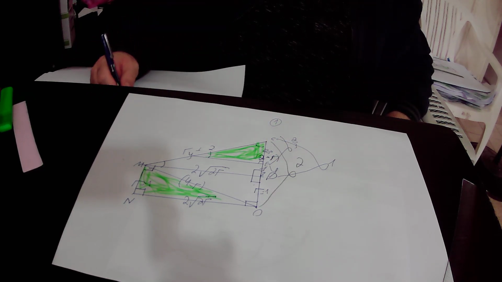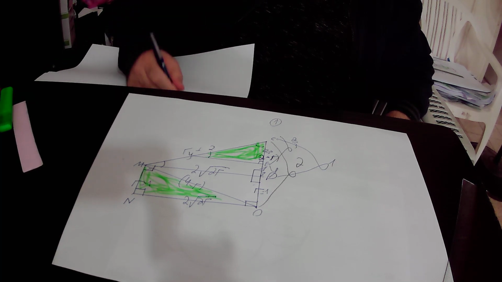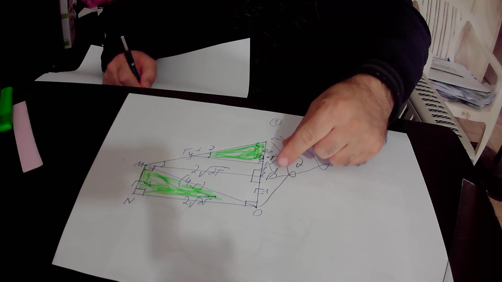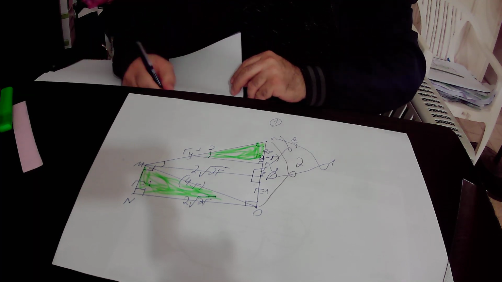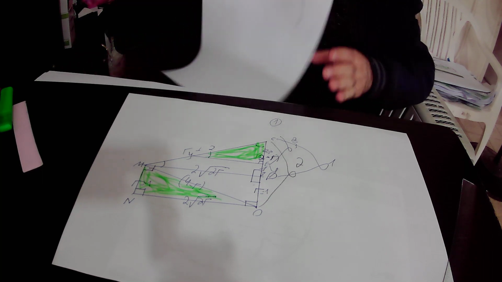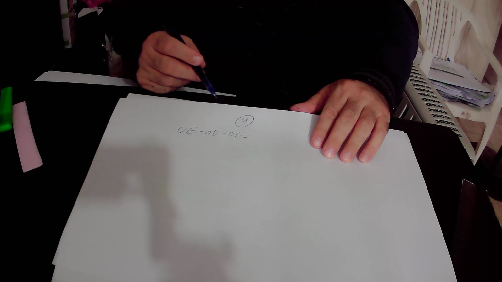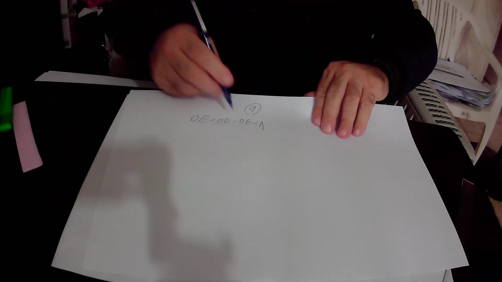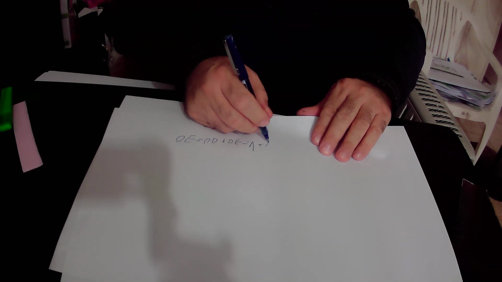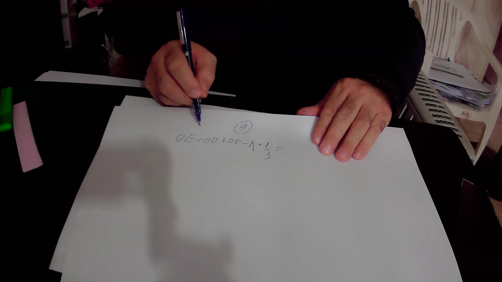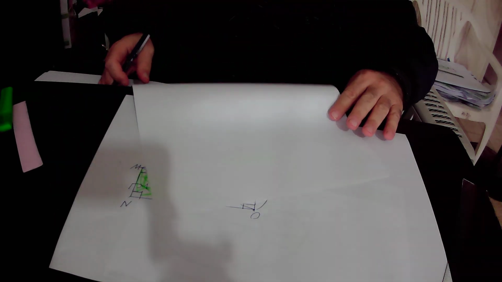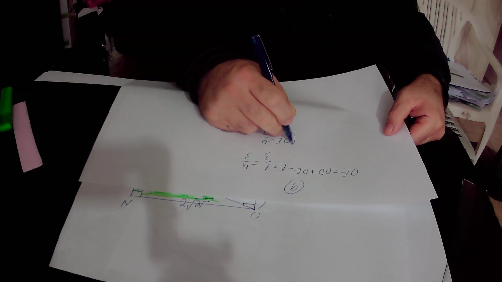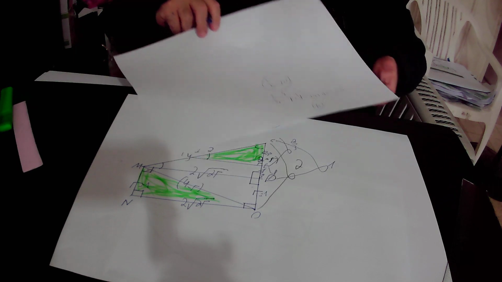OE equals OD plus DE, and OD is the radius of the small circle, it is 1. It is 1 plus 1/3, so OE equals 4/3.